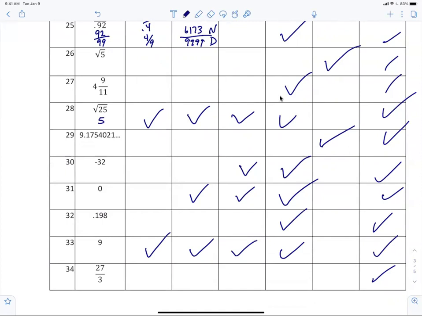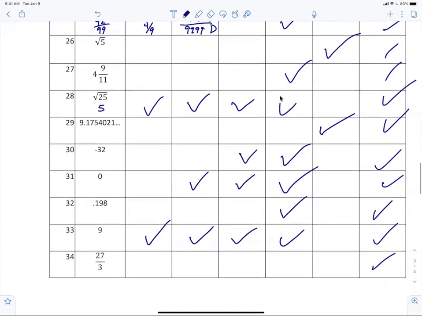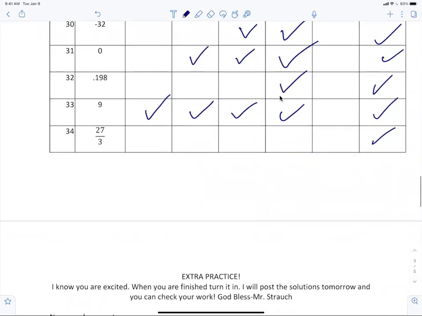Sebastian, where's Sebastian at? I don't want to pull a fast one on you, but tell me about 27/3. You got the tough one. It is rational. That's it? No, that's not it. Are you sure? I'm giving you a chance to switch. I think it's rational. Why? Is it natural?